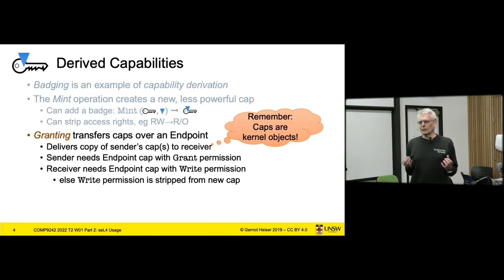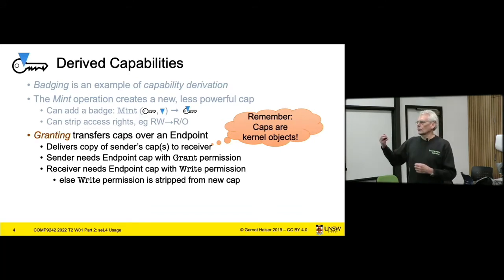If you have a capability to a certain object and you have a grant right on an endpoint, then you can send this capability to someone else. By not giving you grant rights, we restrict that. And this is the normal setup. In most cases, clients will have call rights or grant reply, as it's called, on an endpoint, but not the grant rights, so they can't send capabilities.